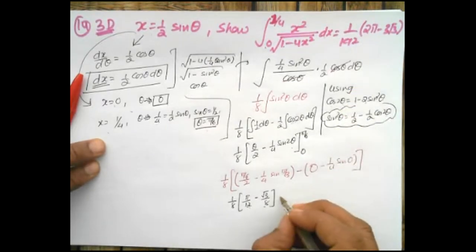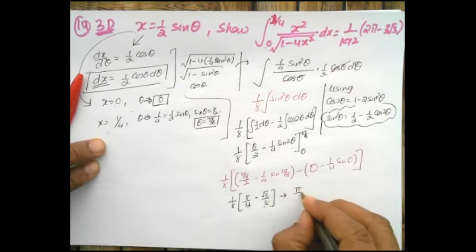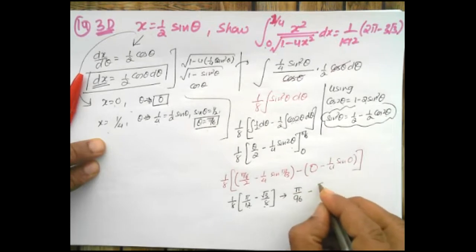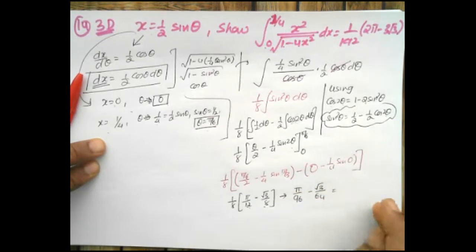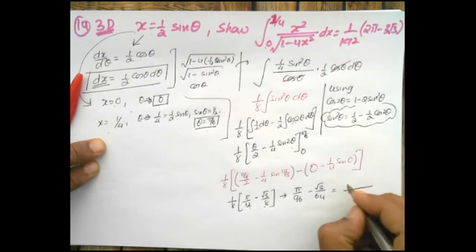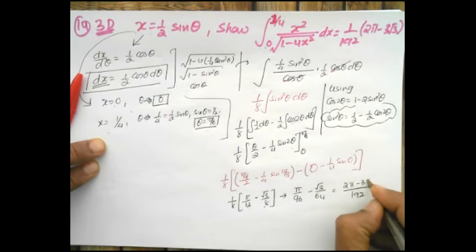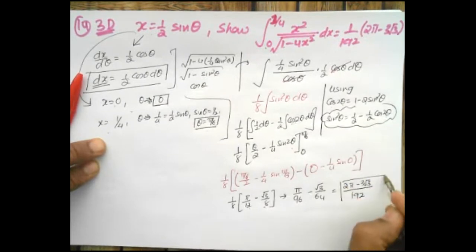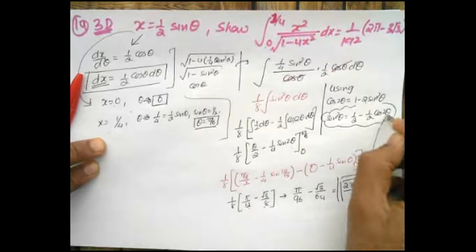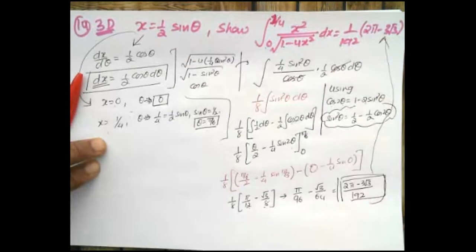Okay, so that gives me pi over 96, take away √3/64. So lowest common denominator, lowest common multiple of that will be 192. That gives me 2 pi minus 3√3 over 192, which is exactly what we want here. Guys, that is your question.